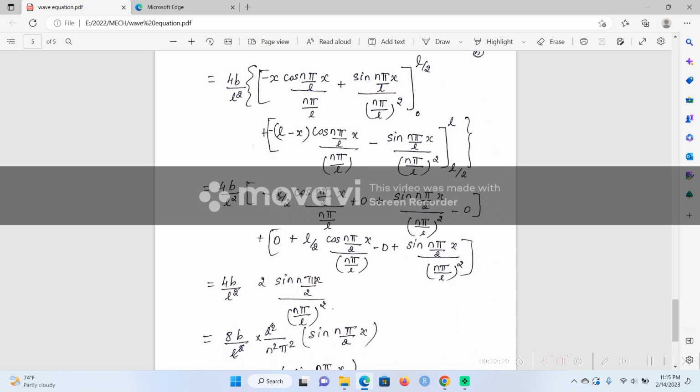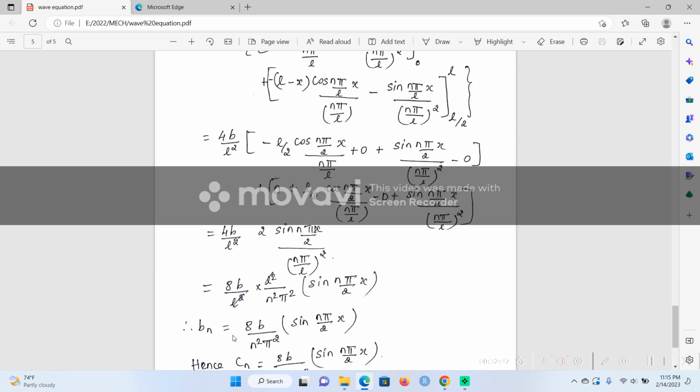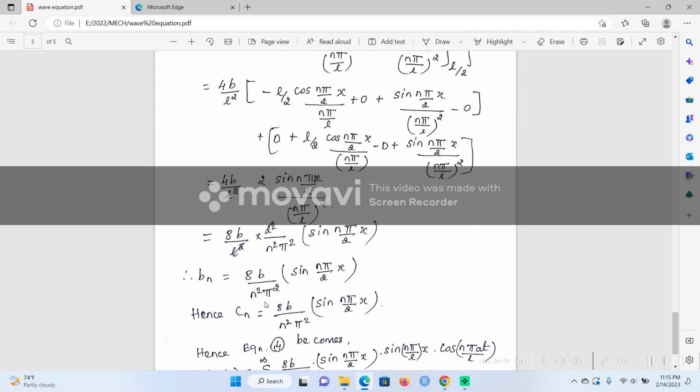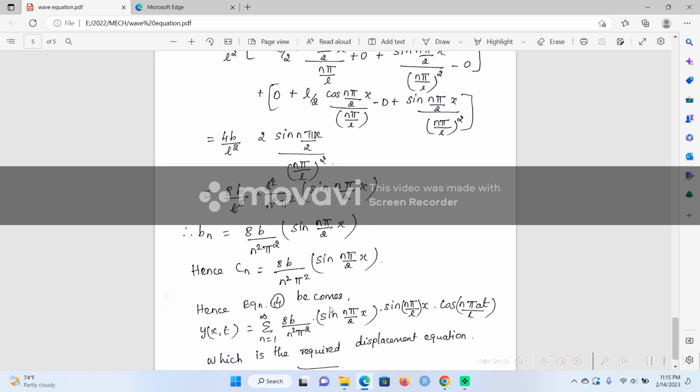So this is minus L by 2 and this is plus L by 2, so both terms get cancelled, and these two remaining terms are similar, so we have 2 times this term. If we write the reciprocal of this and cancel, we get our Bn value like this, but we know Bn is nothing but Cn, so your Cn value will be this one.